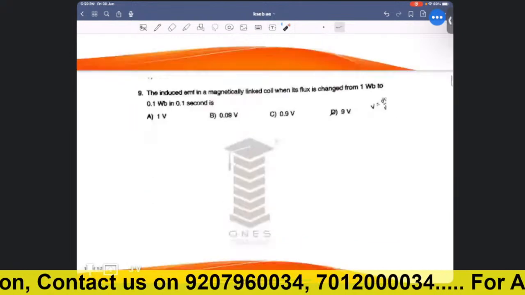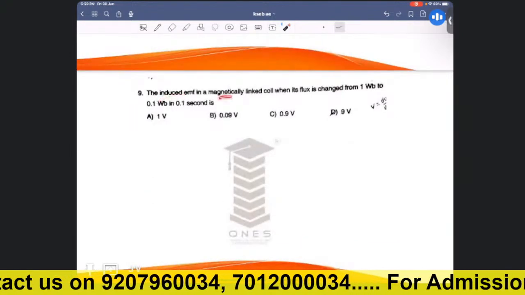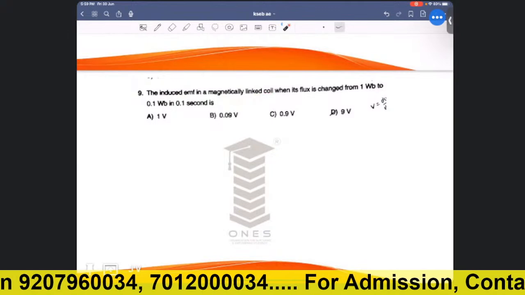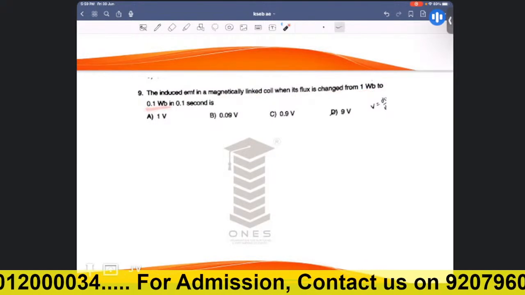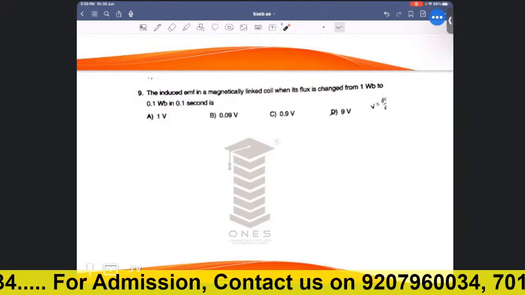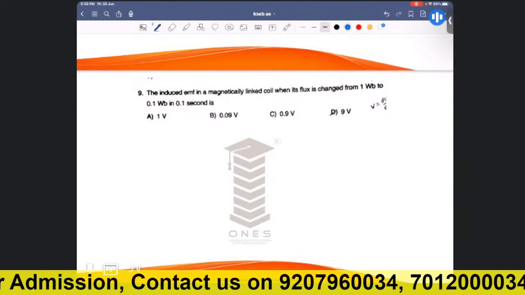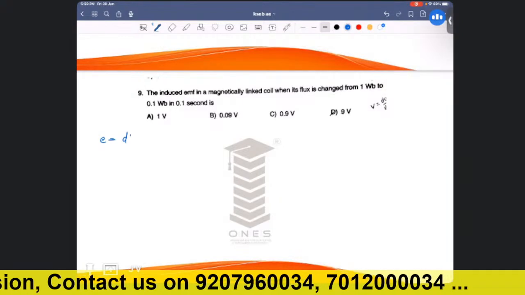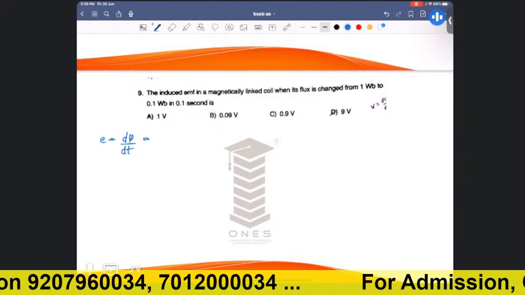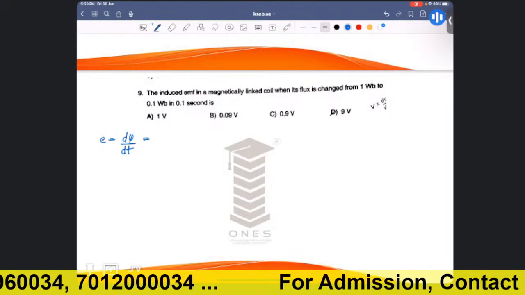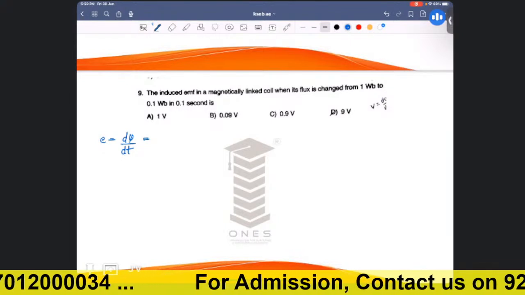Question number 9. The induced EMF in a magnetically linked coil when its flux is changed from 1 Weber to 0.1 Weber in 0.1 second is. Induced EMF, E is equal to d phi by dt, and flux is changing from 1 Weber to 0.1 Weber. So what is the change?